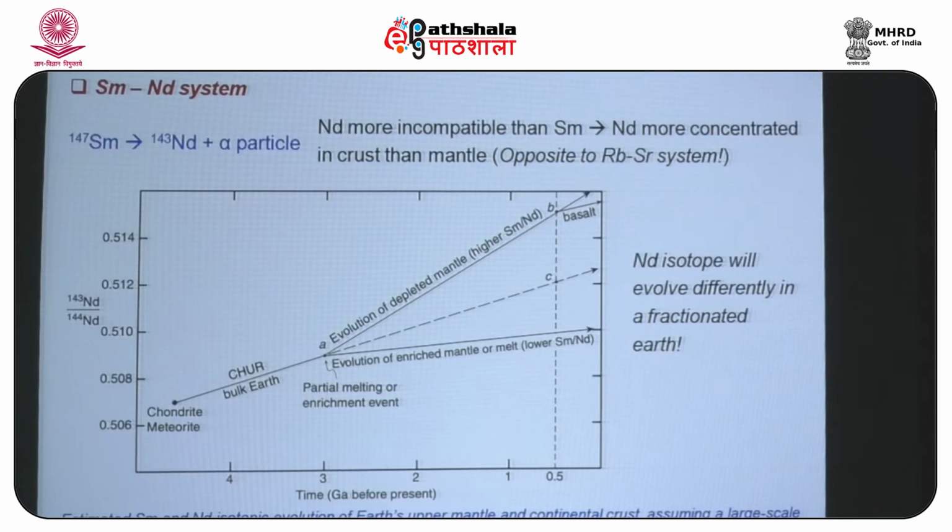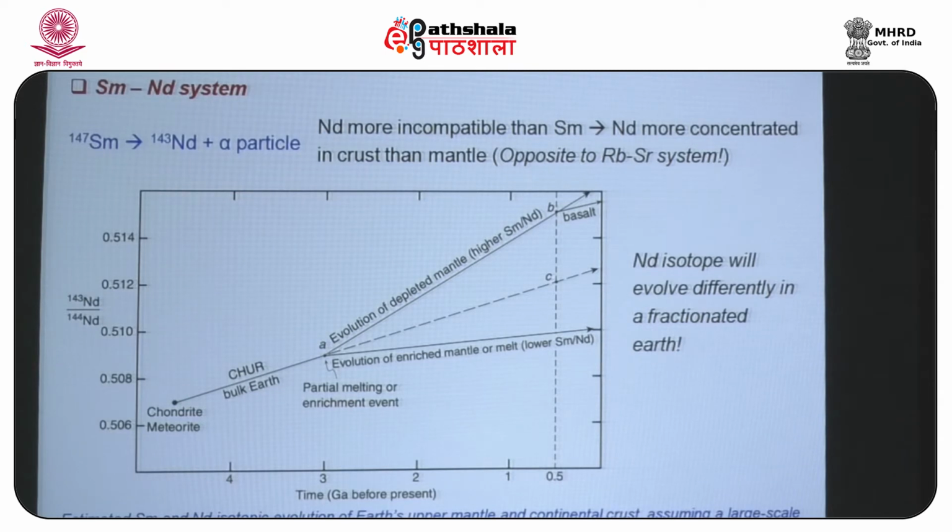So, what we see here, opposite to the rubidium-strontium system, is that the neodymium ratio of the mantle has evolved with a much steeper slope than that of the bulk earth, while the crust has evolved with a much shallower slope than that of the bulk earth.